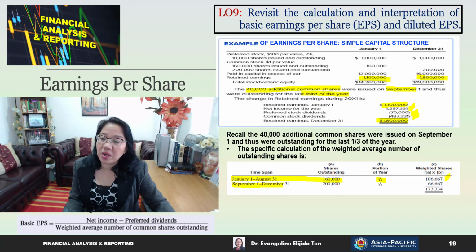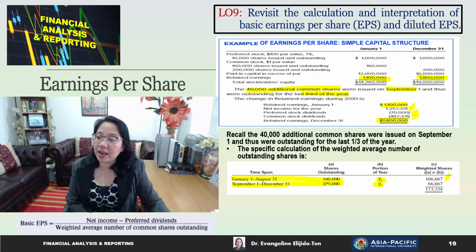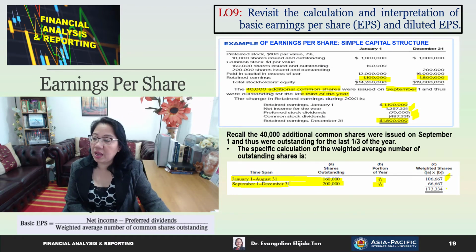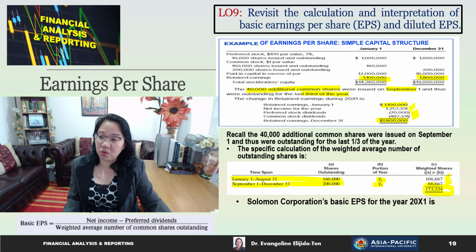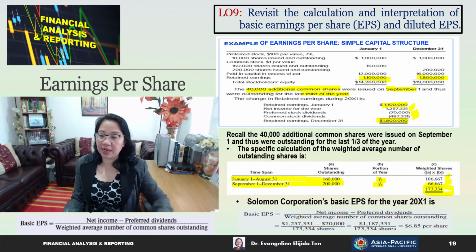From September 1st to December 31st, we already have 200,000 outstanding shares, and that is only for a third of the year. So we'll multiply 1/3 by 200,000 and we'll get 66,667. So our weighted average shares is 173,334.